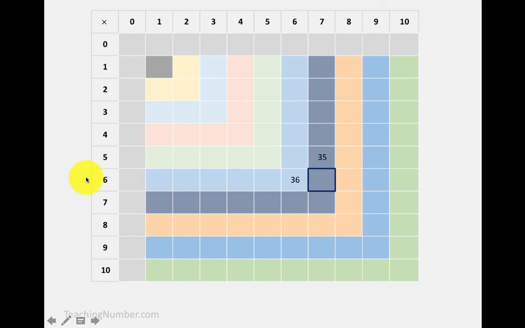For example, consider the product of 6 and 7. If we know that 5 times 7 equals 35, we can count up by 7 to get a product of 42. Or, if we know that 6 squared is 36, we can count up by 6 to get 42.